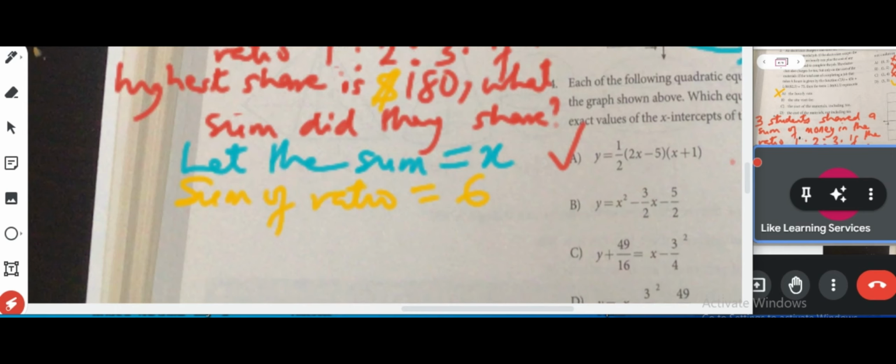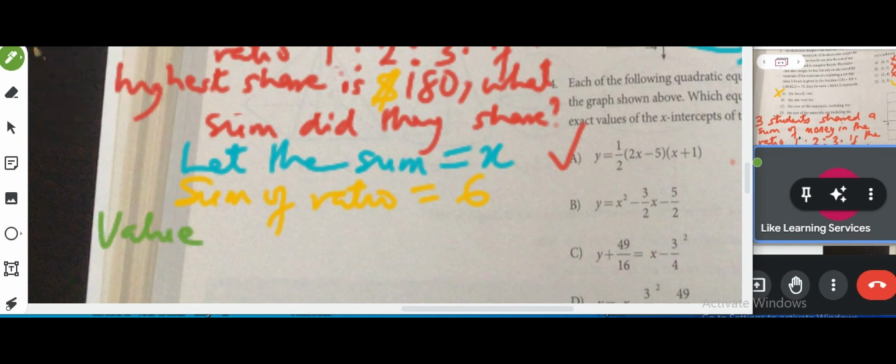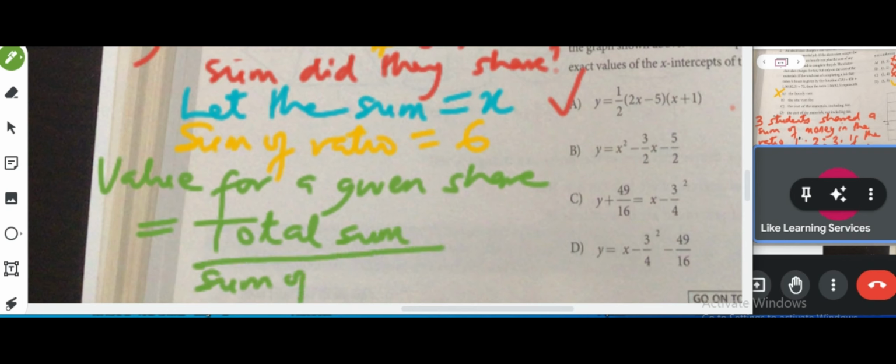And I said, usually what you do in solving ratio, you say value for a given share. Let me now write the formula. Value for a given share is total sum over sum of ratio times that ratio for that particular share.